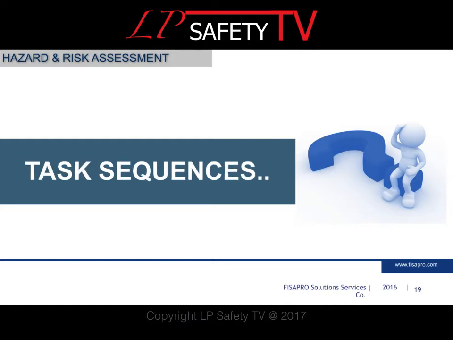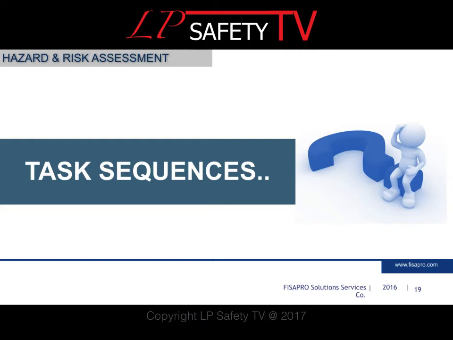So it is very vital in a risk assessment to subdivide a job scope and identify task sequences when you are identifying hazards, or anything that has a potential to cause injury or damage to properties or even the environment. But you have to make sure that the sequence has a significant hazard.